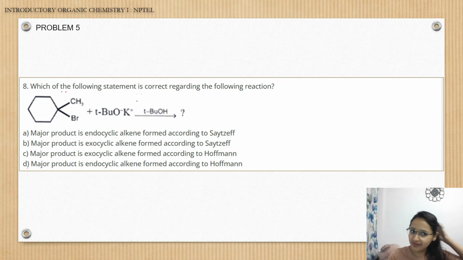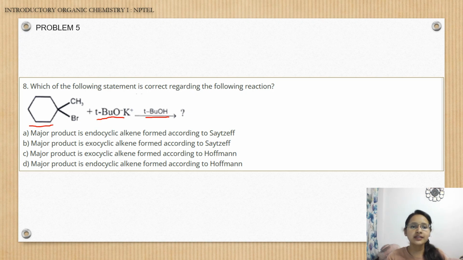Okay, coming back to the question. They are asking which of the following statements is correct regarding the following reaction. Here you have to analyze what kind of reaction this is first. You can see there is tertiary butoxide and tertiary butanol being reacted with your bromoalkane.